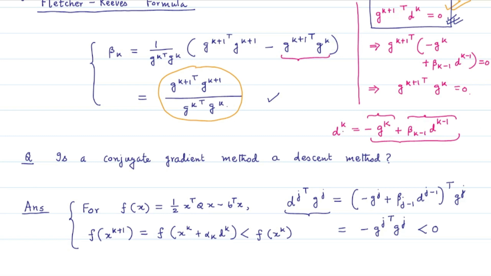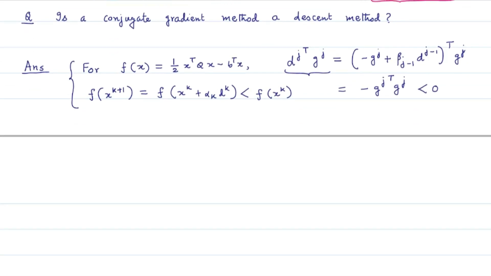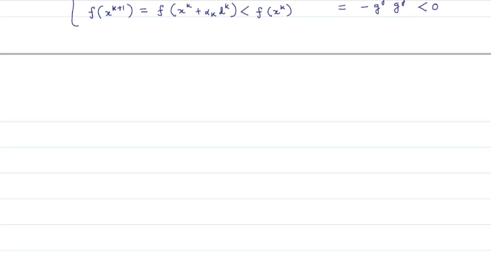Therefore, we may expect that this direction for a nonlinear function is going to behave at least as a descent direction, and hence there is a global convergence result of the conjugate gradient method even for a non-quadratic function.